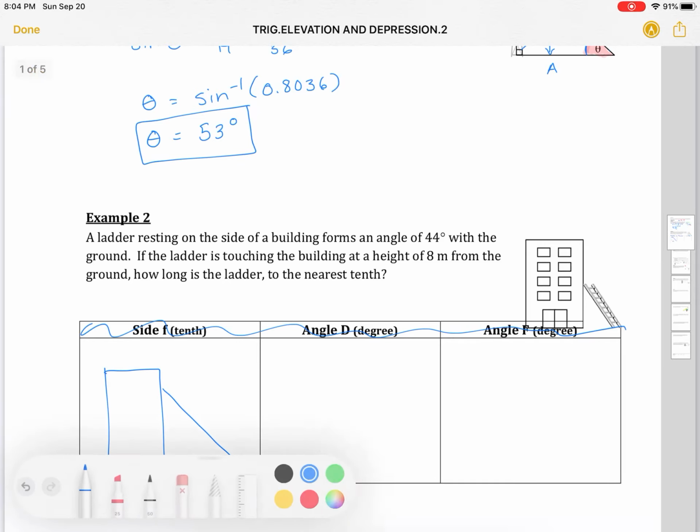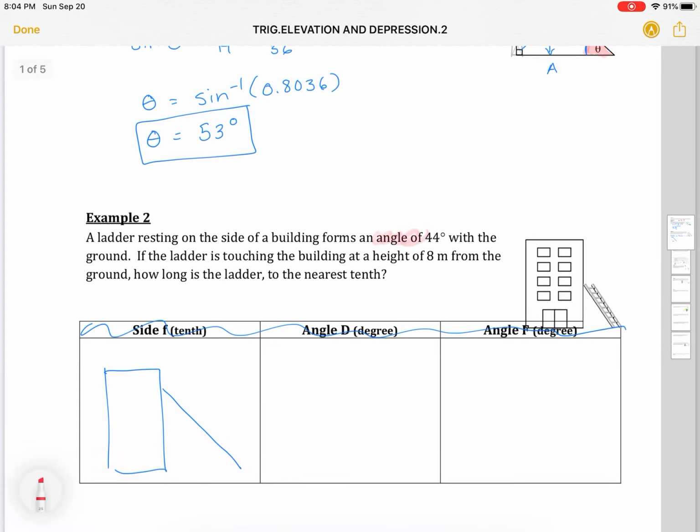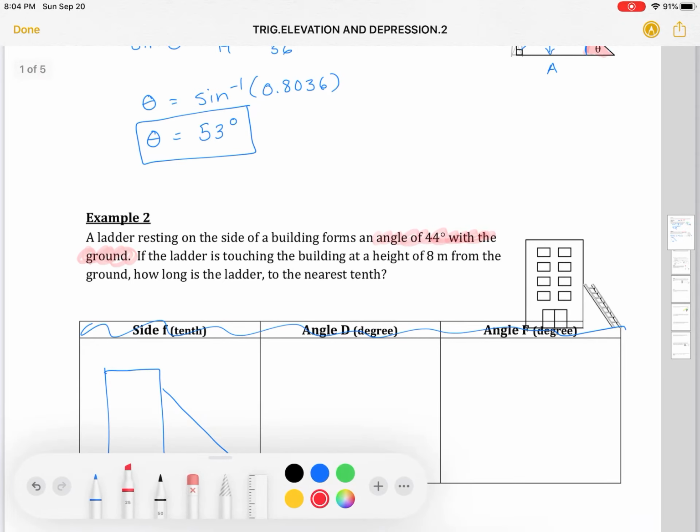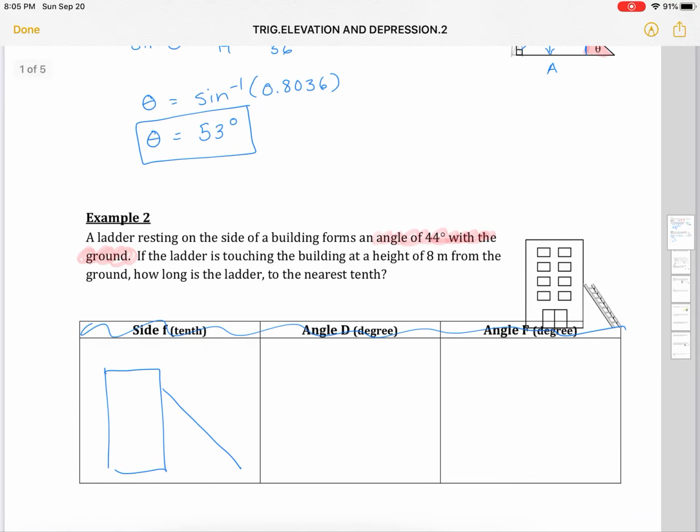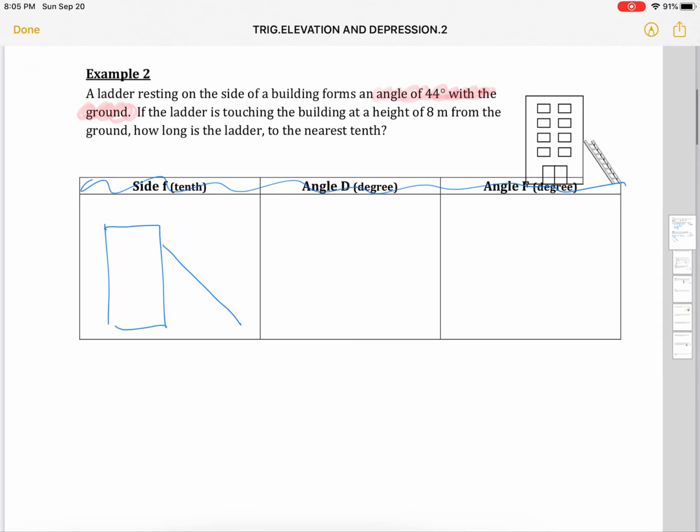So we've got our building, and we have a ladder resting on its side. The ladder resting on the side of the building forms an angle of 44 degrees with the ground.